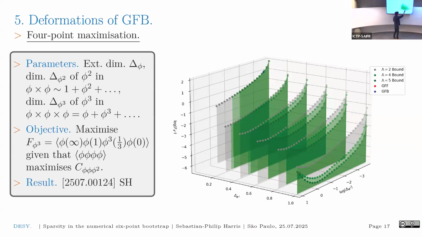And again, at this point, this corresponds to generalized free fermion, where Δφ² is 2Δφ + 1, and Δφ³ is 3Δφ + 3. You find that the bound is saturated by the 4-point function of φ and φ³ in the generalized free fermion. And at the generalized free boson point, it's saturated by the generalized free boson.